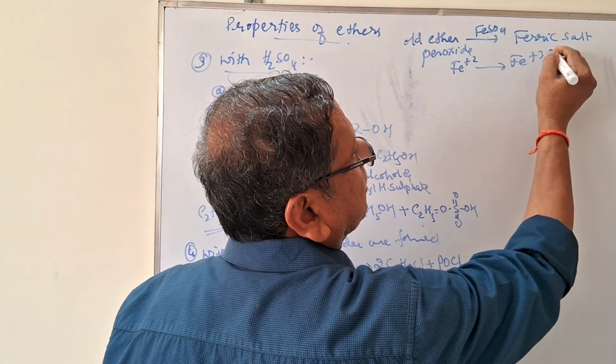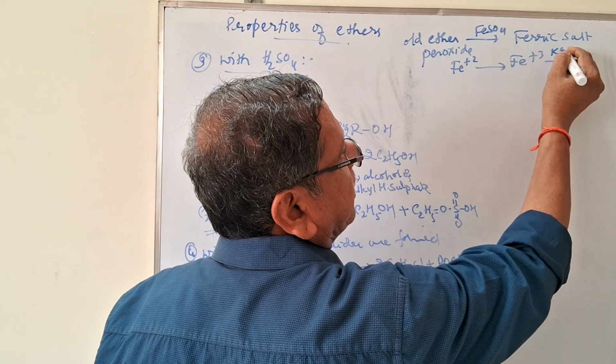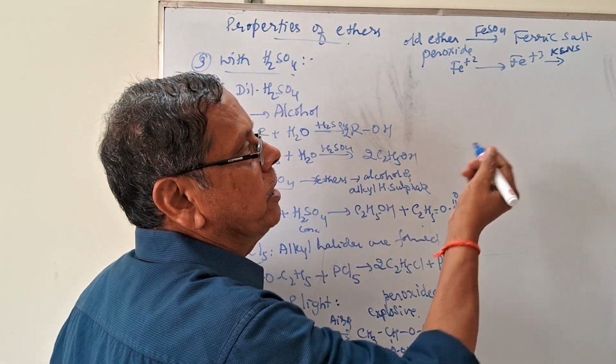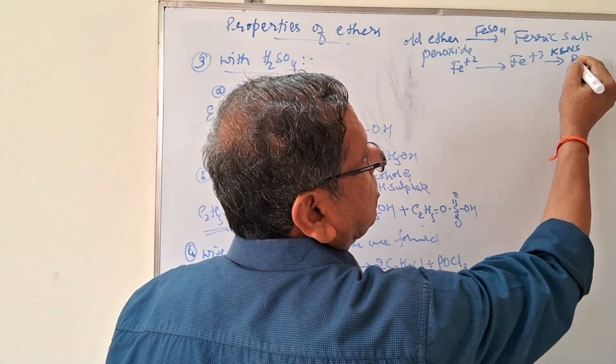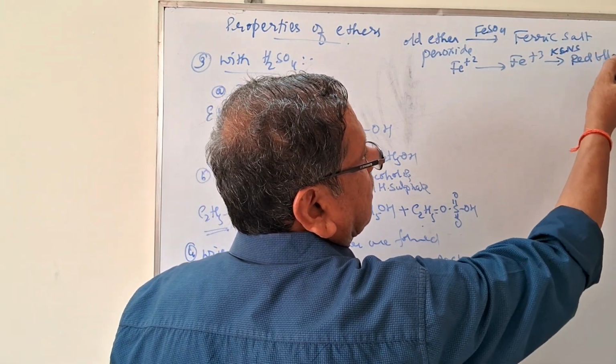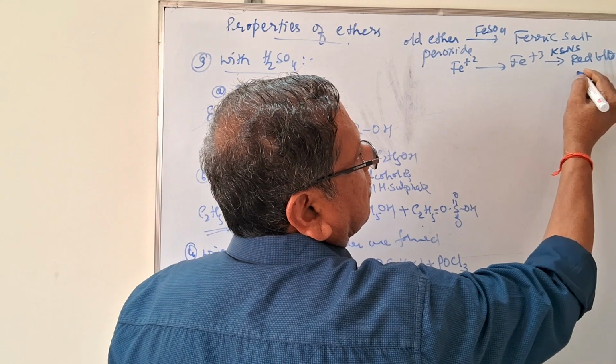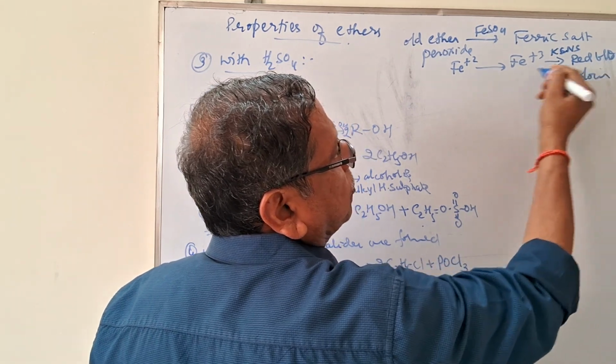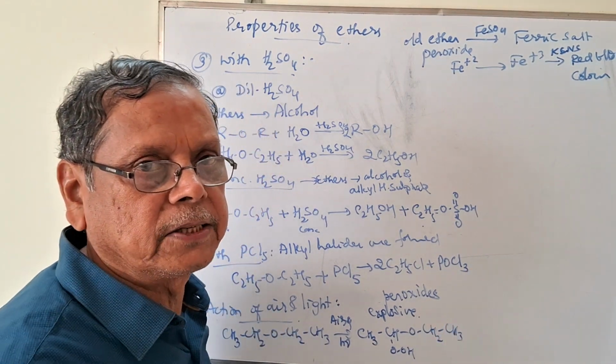If it is treated with potassium thiocyanate, KCNS, or ammonium thiocyanate, then it will give rise to the blood red color due to the formation of Fe(CNS)3.